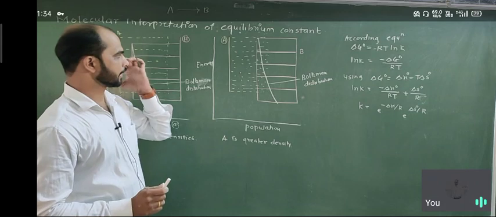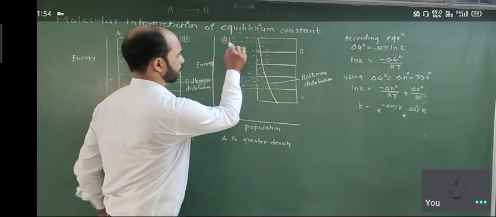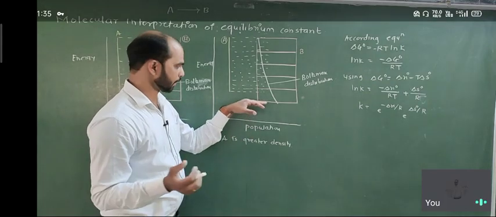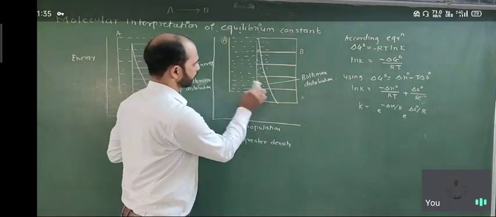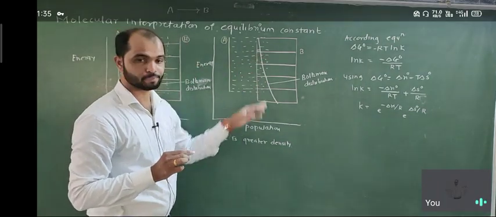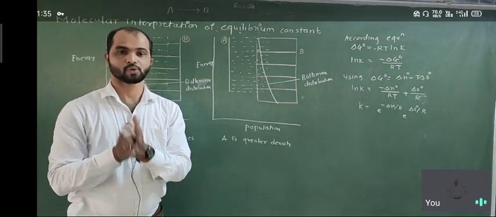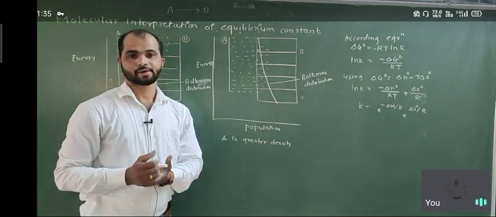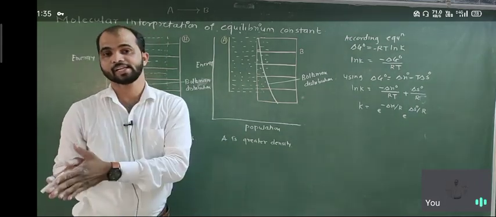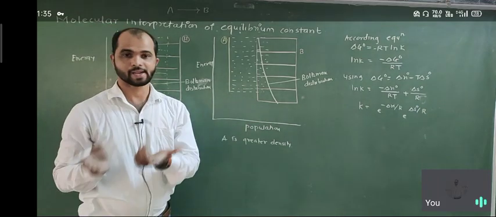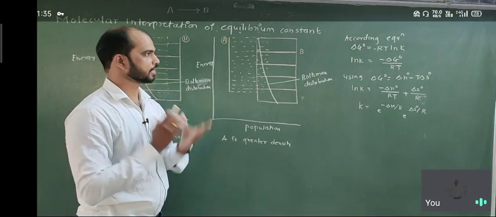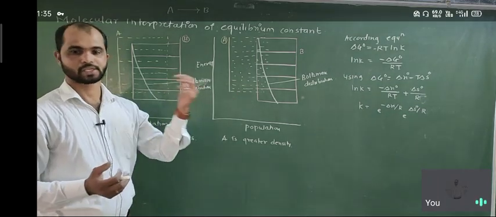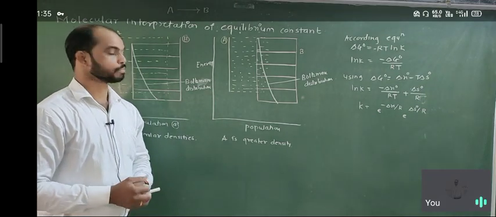Here the energy states are given, and A has a greater density as compared to B. No doubt B has a lower energy state as compared to A, but you can see the number of energy states is more for A as compared to B. That means the concentration of A is more as compared to B, so A is dominant over B. A forms more favorably. A is the reactant, so reactant forms more dominantly over B. That means the reaction is favored in the reverse direction, so the reverse reaction is favored.